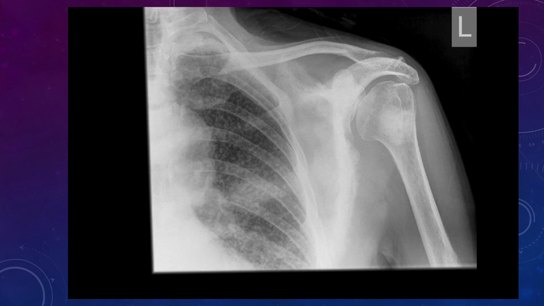Okay, so talk about the bones then. If it's easier to talk about the bones, what's the appearance of the bones? The bones are quite sclerotic, aren't they? The humeral head is a bit dysmorphic. We've not got a normal shape to the humeral head. We've got a large area of sclerosis within the humeral neck. We've got a very sclerotic, sort of moth-eaten looking scapula.